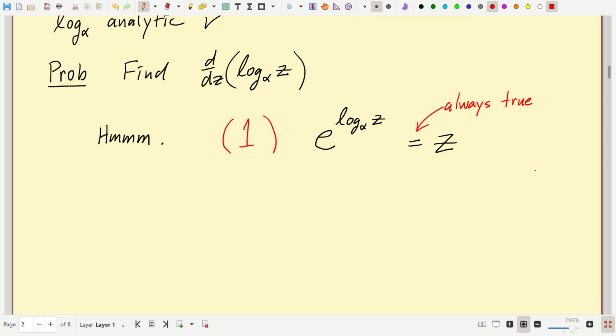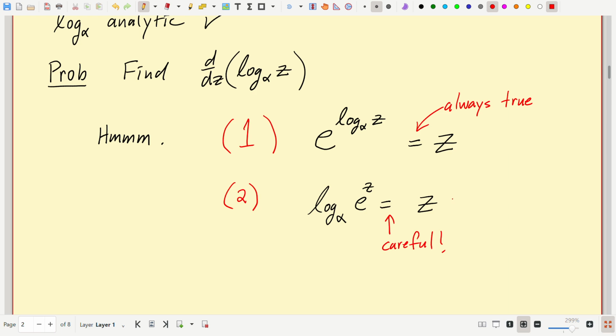The one that's not always true, that you would expect to be true, if you were to take the log of the exponential, you might think, oh, this one's going to spit out e to the z. This one's dangerous. Careful. Sometimes it is, sometimes it isn't. But what's guaranteed is that this would be close to z.